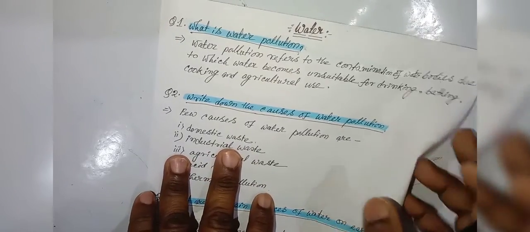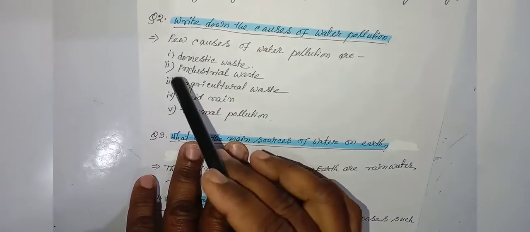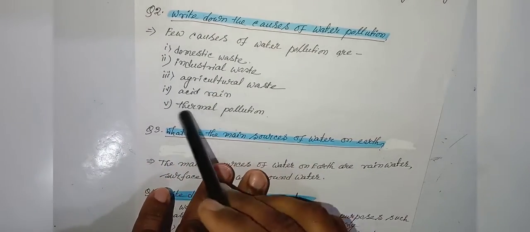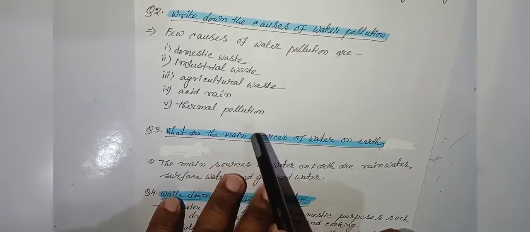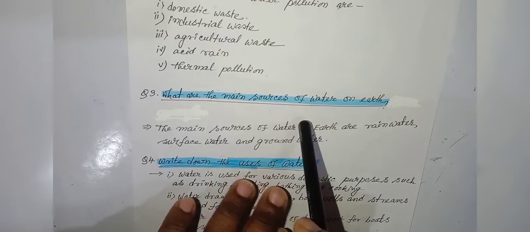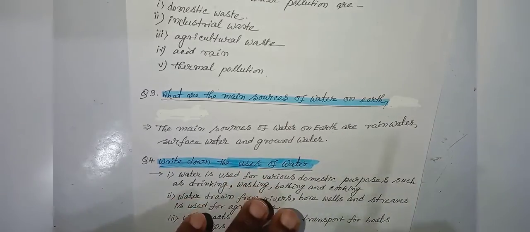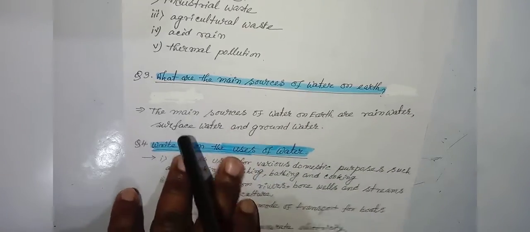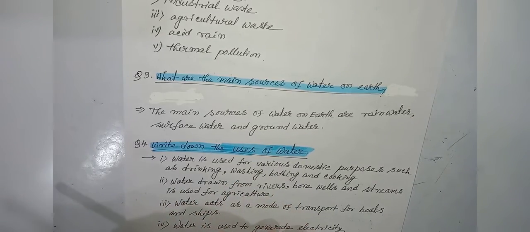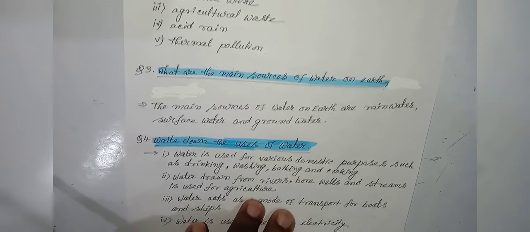A few causes of water pollution are domestic waste, industrial waste, agriculture waste, acid rain, thermal pollution. What are the main sources of water on earth? The main sources of water on earth are rainwater, surface water, and groundwater.